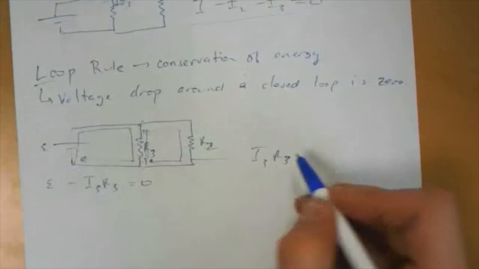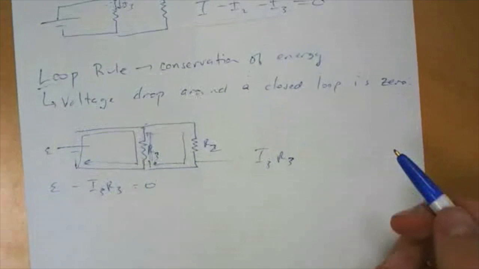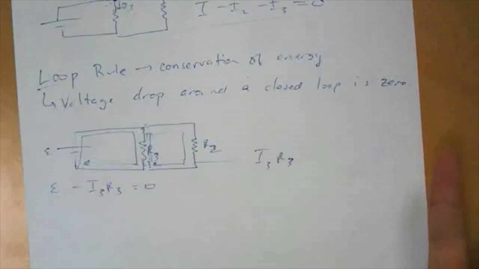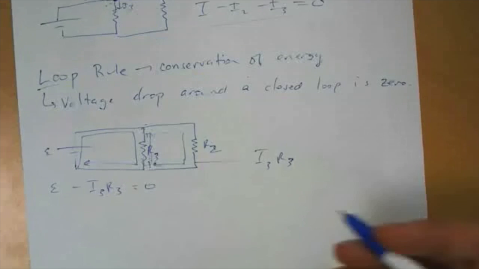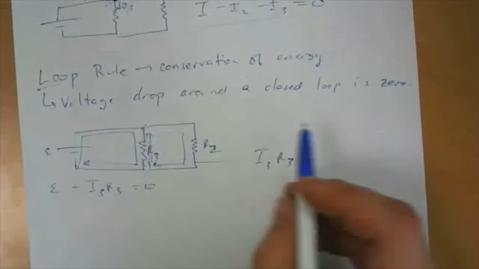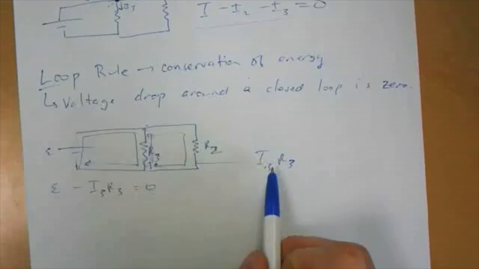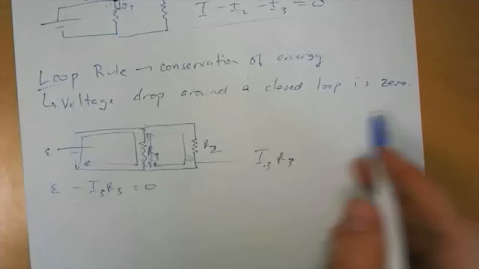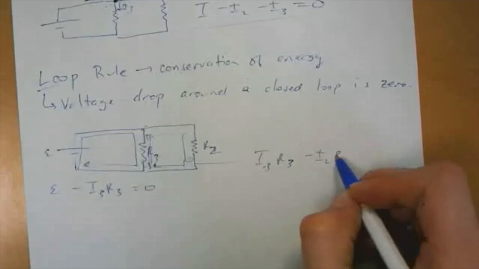In general, for these, you just assume that current is flowing in one direction, and you apply the appropriate signs. If it turns out you're wrong and current is flowing the other direction, you'll just get a negative number for the current, and it'll be fine. But anyway, we've got a voltage increase across this one, then a voltage drop across that one, so that would be how we get the loop rule for this one.